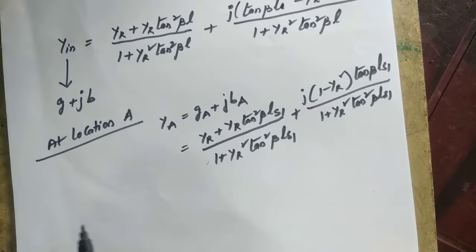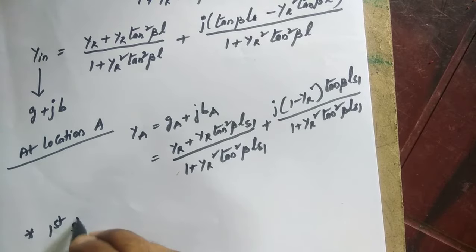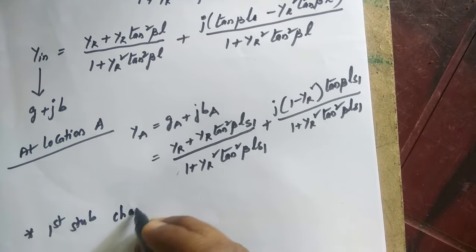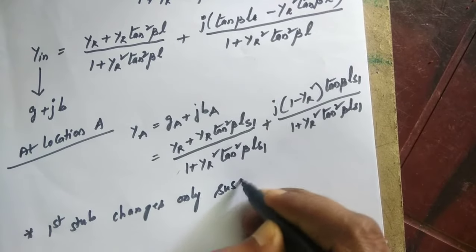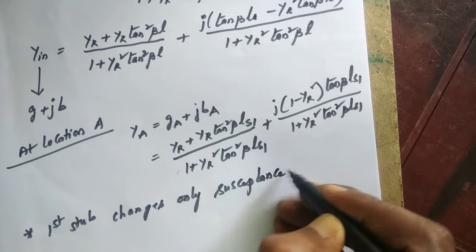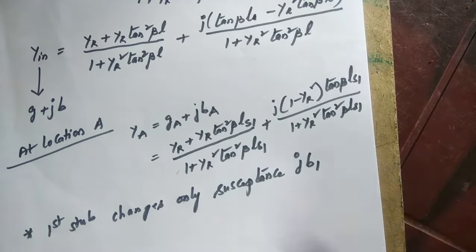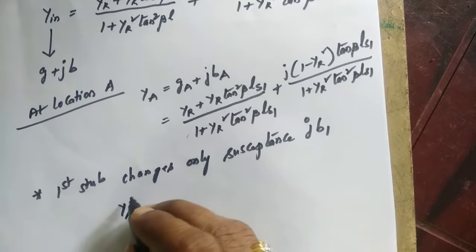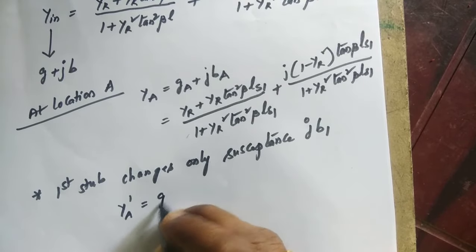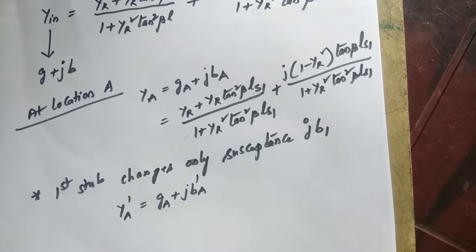See here, the main important point is the first stub changes only the susceptance jB1 here. So the overall input admittance YA dash can be written as GA plus jBA dash.